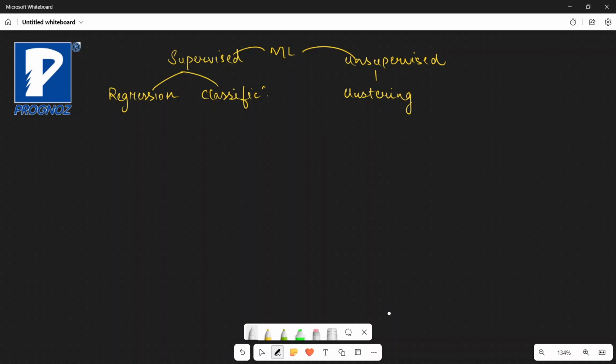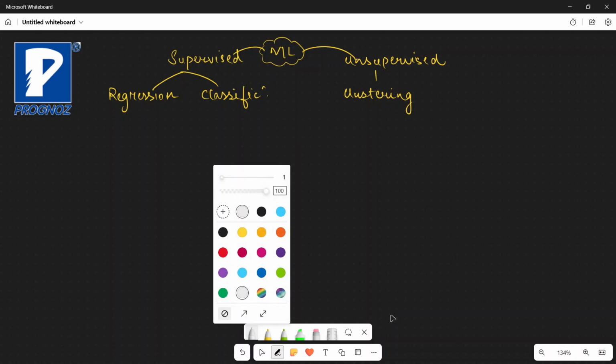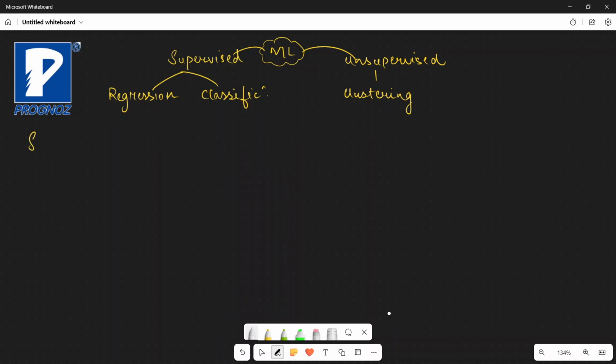In today's class, we shall try to understand that whenever we are supposed to create a machine learning model, what are the prominent steps involved in it. Whenever we talk about the steps, the first step in creating any machine learning model will be gathering data.